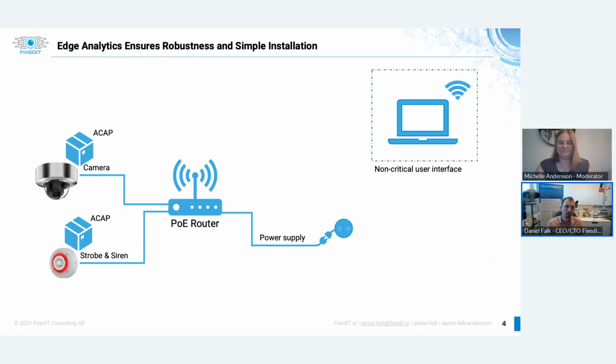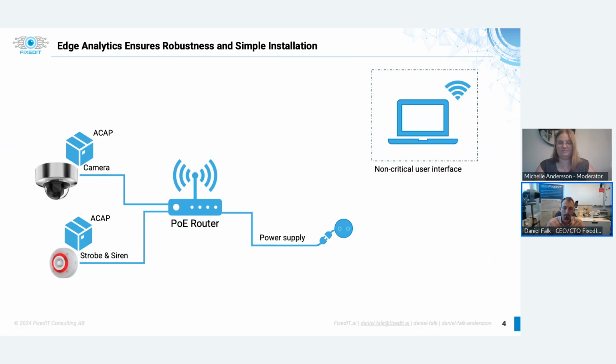And often you want to have some kind of user interface where you can configure things, or where you can view statistics and metrics and historical data, for example. And that you can do in an external computer. That means that this external computer is not part of the critical system.